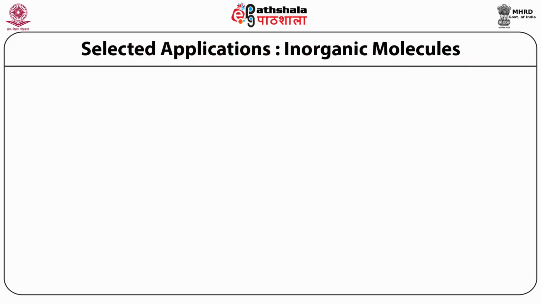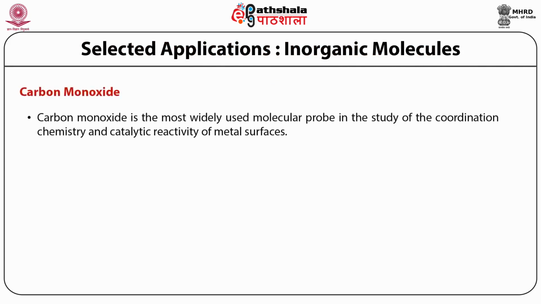Selected application: inorganic molecules. Here we are taking the example of carbon monoxide. Carbon monoxide is the most widely used molecular probe in the study of the coordination chemistry and catalytic reactivity of metal surfaces. The chemisorption of CO at a transition metal surface is similar to coordinate covalent bond formation in homogeneous metal carbonyl complexes.